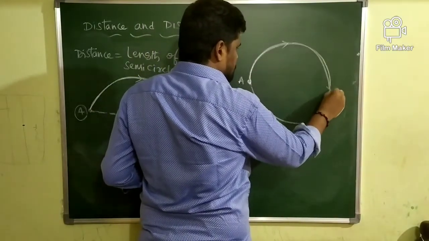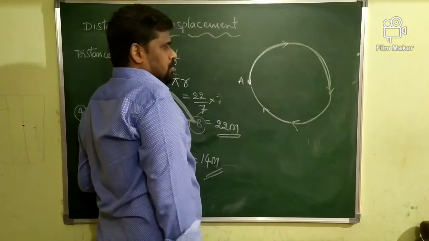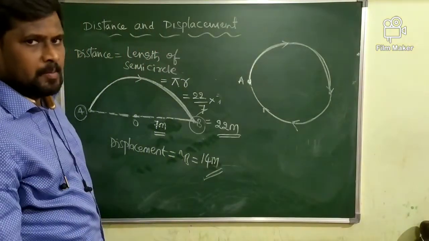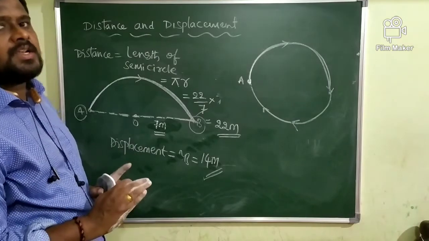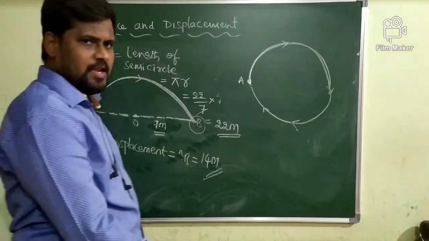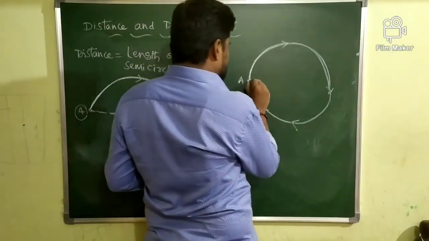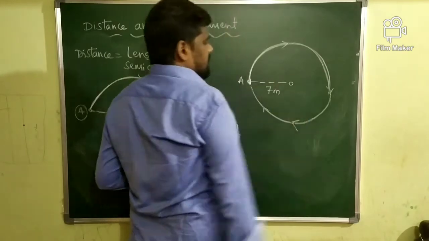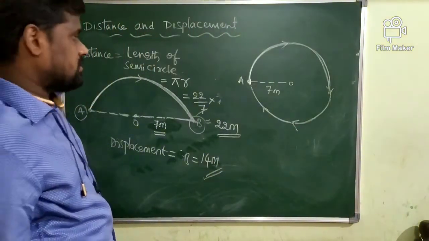When it completes one circle, what is the value of distance and displacement? Once again I will take the radius of the circle as 7 meter. Will you tell me what is the distance and what is displacement?